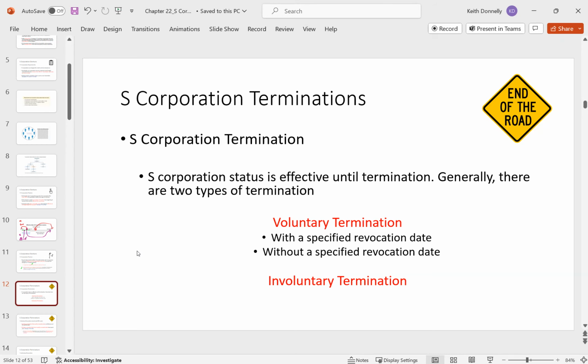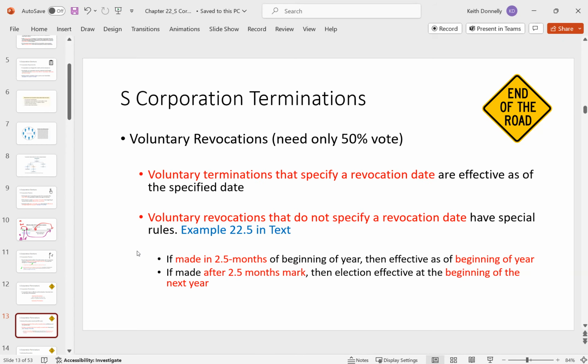Voluntary terminations are generally where people come together and say, we don't want to be an S Corp anymore. And you generally are only going to need a 50% vote here. This is different from that 100% requirement to form it. So if you get half of the ownership to agree, you just fill out a form with the IRS and let them know.